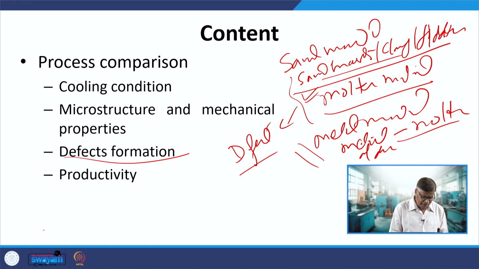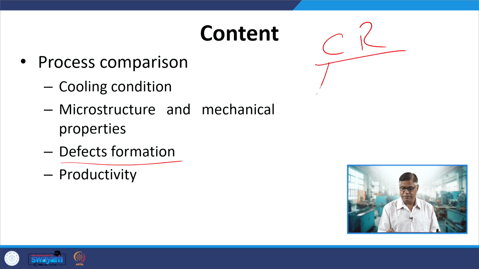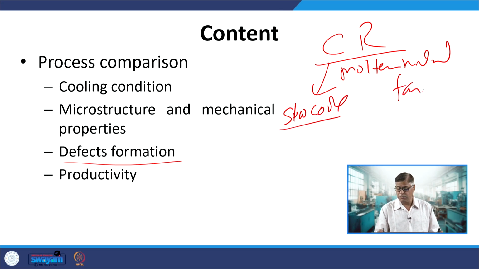On the other hand, the major difference in defect formation in the two cases comes from the cooling rate. The molten metal experiences significantly different cooling rates in the two cases: slow cooling for sand mold casting and fast cooling for the metallic mold.